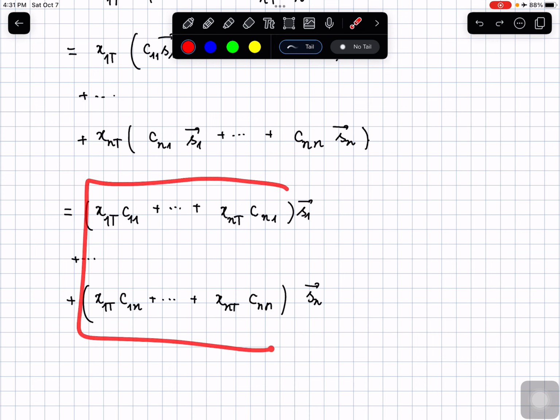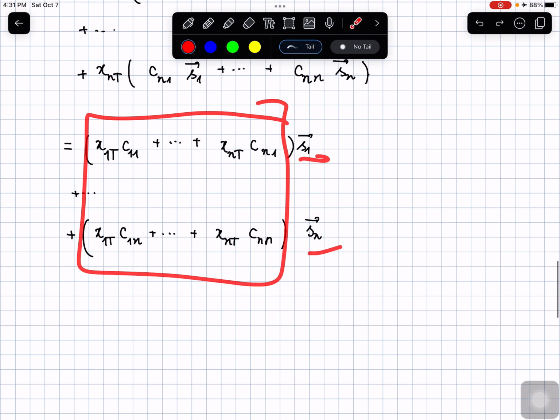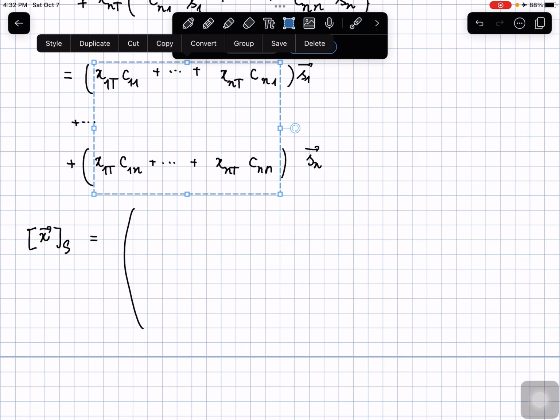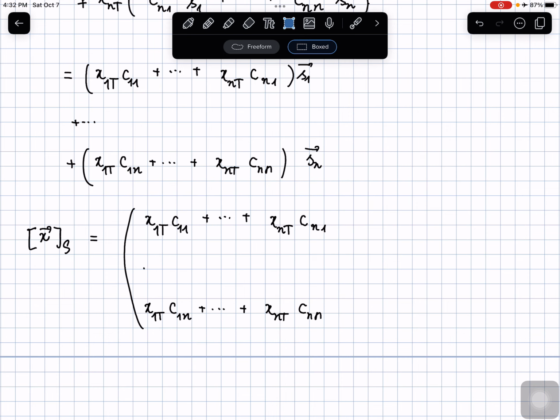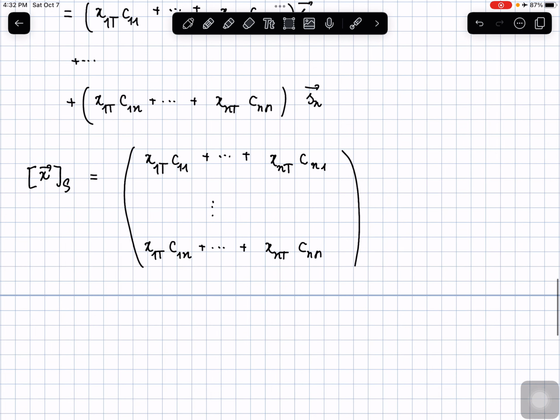So all of these are the coordinates of x with respect to this basis S. So the coordinates of vector x with respect to S is this vector. And what is this one exactly?